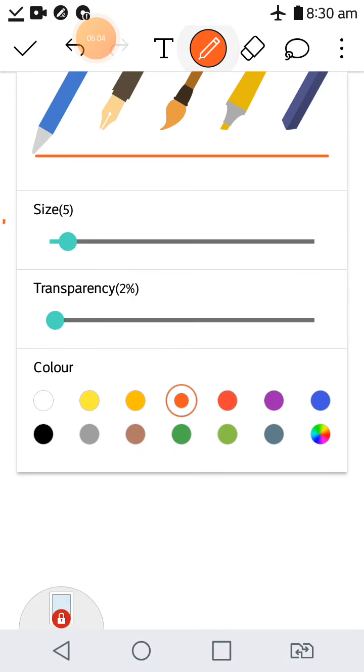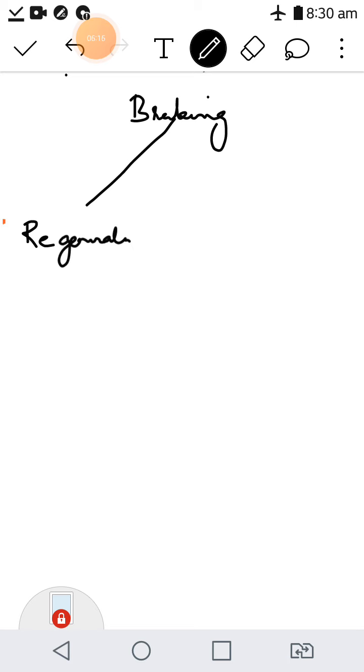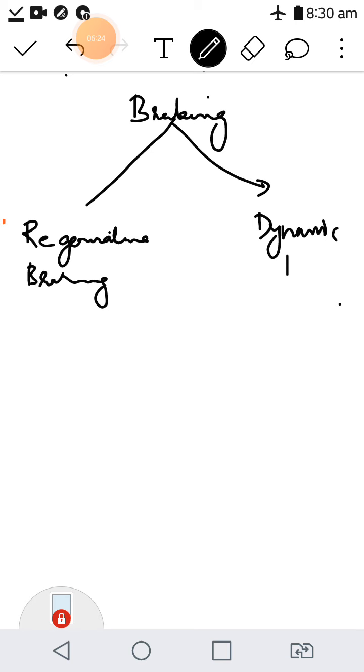Based on this, braking can be classified into two. There are two types of braking generally employed. One is called regenerative braking, and another mode of braking is known as dynamic braking. What is the meaning of regenerative braking?